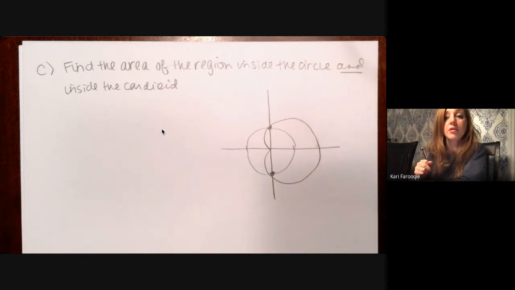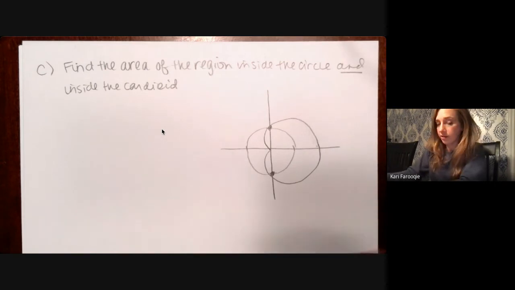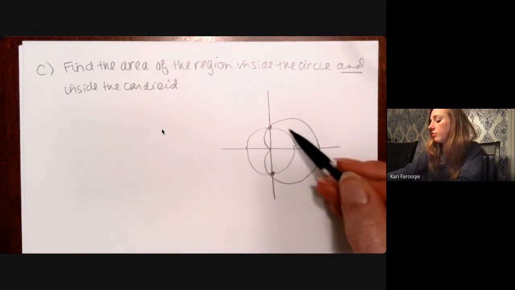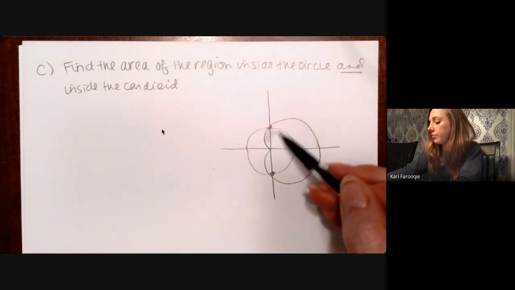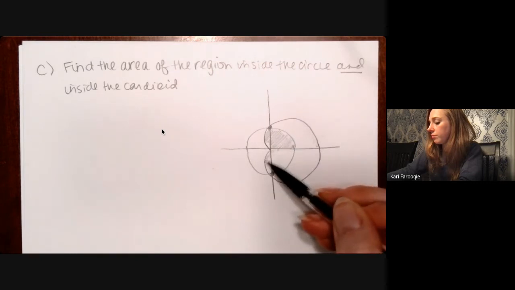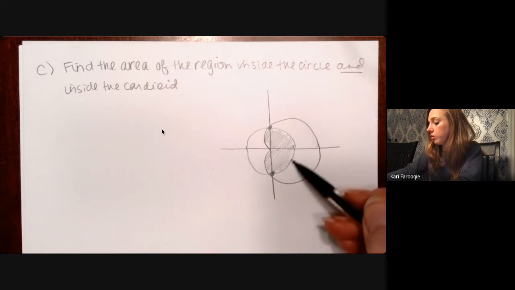Okay. Something like that. All right, so if I'm looking for the region inside the circle and inside the cardioid, I have to be inside both of them. So if I'm over here, I'm outside of the cardioid. If I'm over here, I'm outside of the circle. So in order to be inside both of them, I need to be in here. It almost looks like just a smaller cardioid, but not quite.